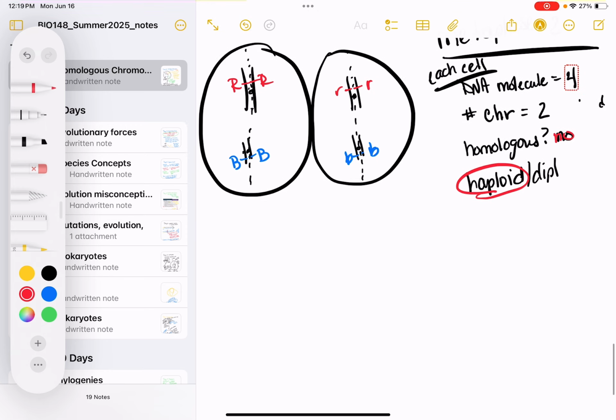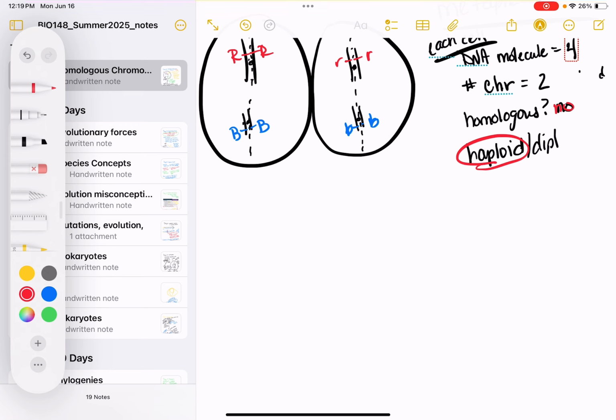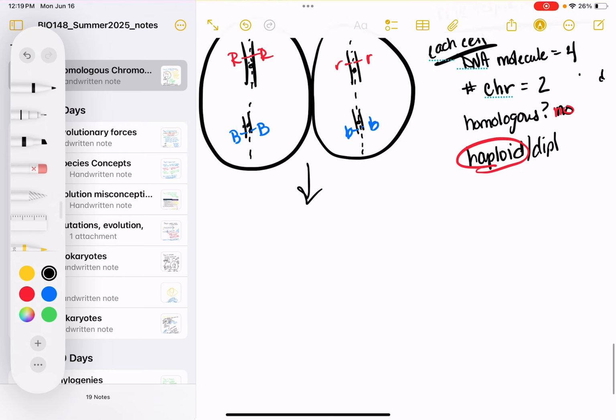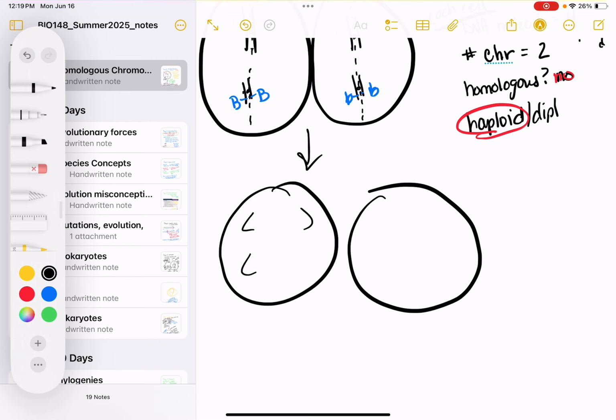Then I start pulling away: anaphase, telophase, cytokinesis. I'm not going to do all of these questions for those intermediate stages because I don't want you to worry about them. So here I've got things pulling away. Here's kind of what anaphase could look like.